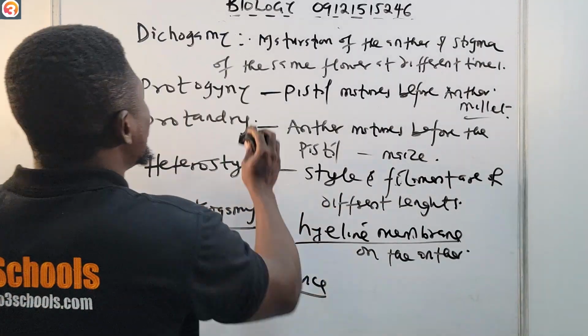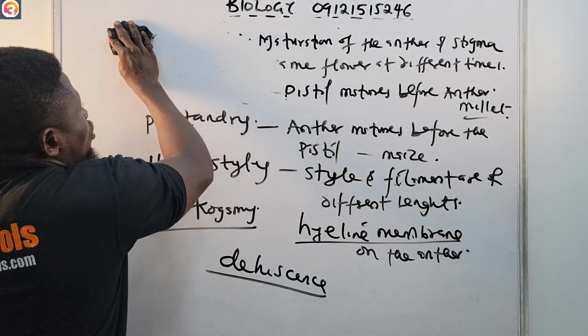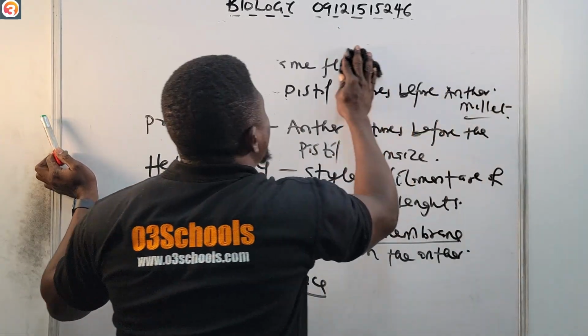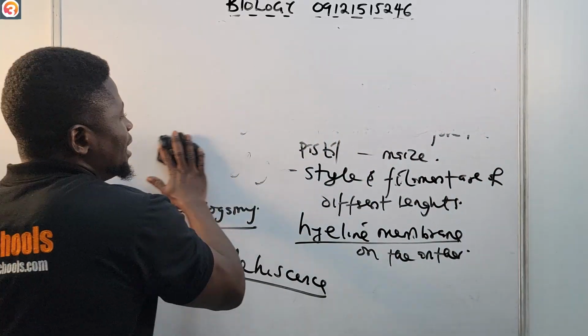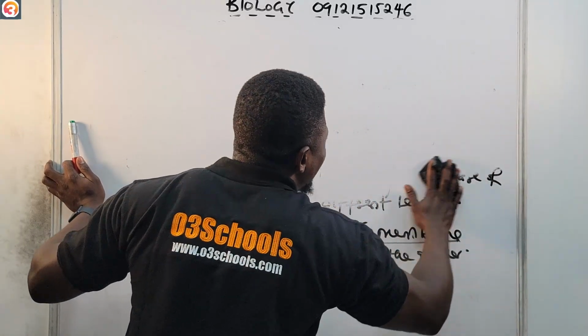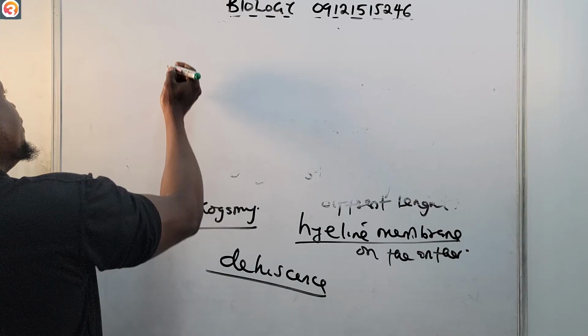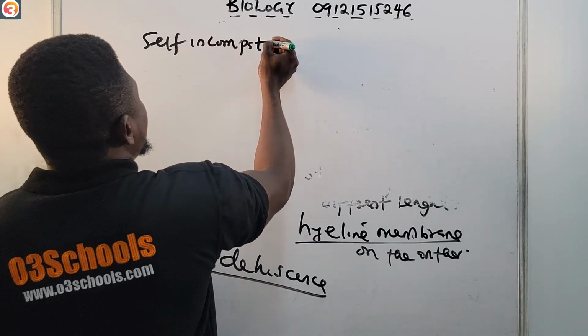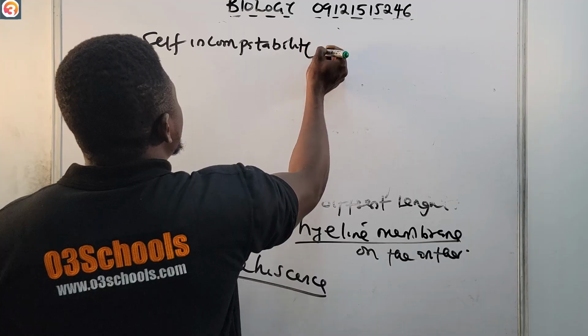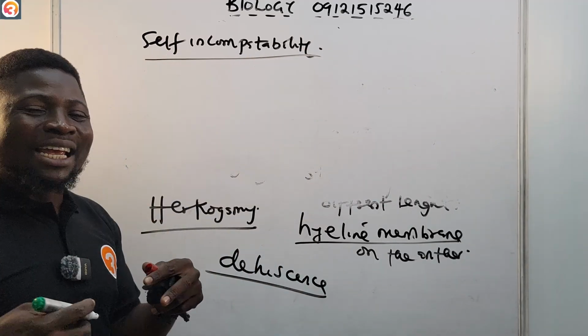Now let us see one more factor that discourages self-pollination and encourages cross-pollination, and that is self-incompatibility. What is self-incompatibility?